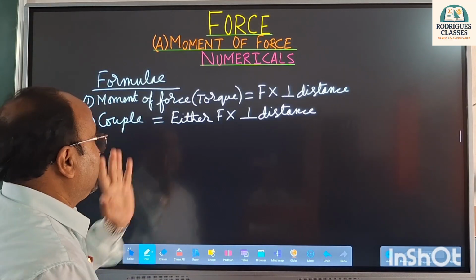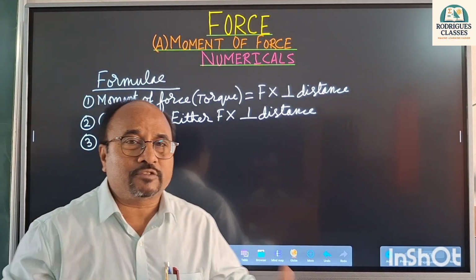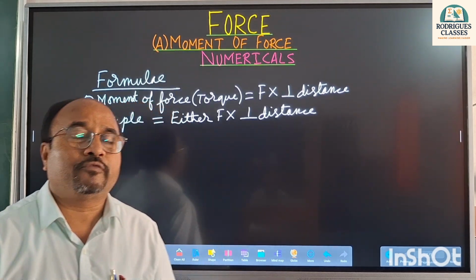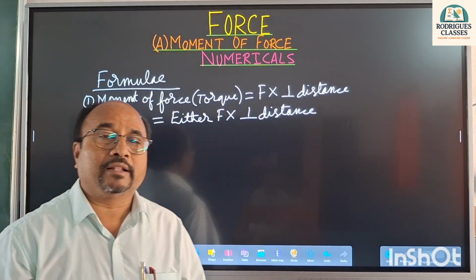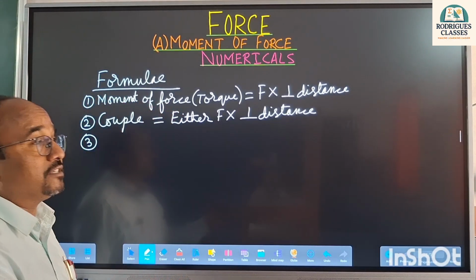Okay. Then we have the next one, where when various forces are acting, the sum of anti-clockwise moments and the sum of clockwise moments will be the same. So that we know as the principle of moments.